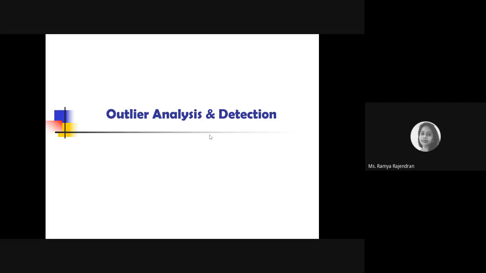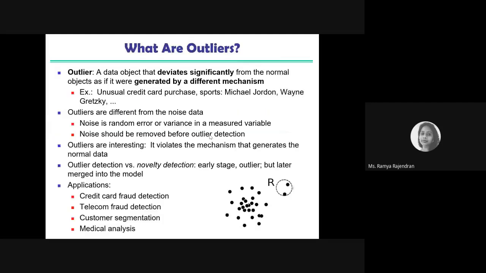Okay, so let's get into the concepts. As I told you, an outlier is an object which deviates completely from your normal objects. Most of the time it looks like it has been generated from a different mechanism.